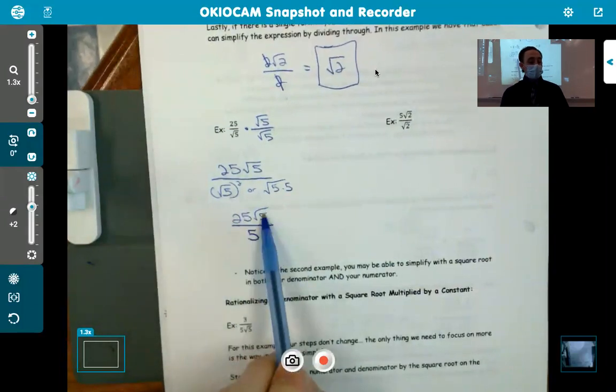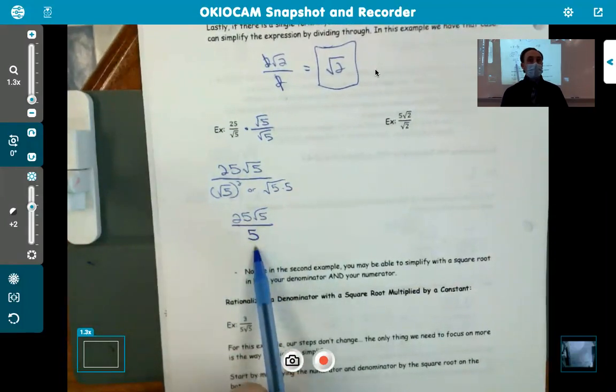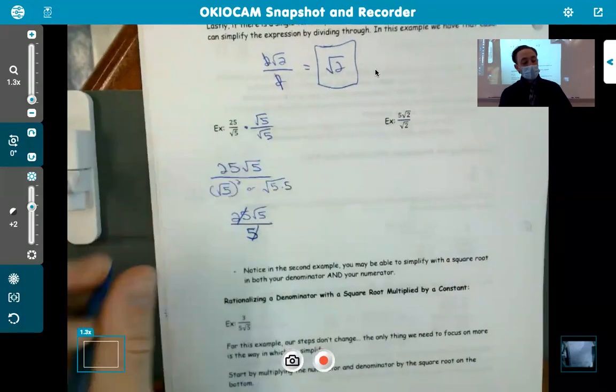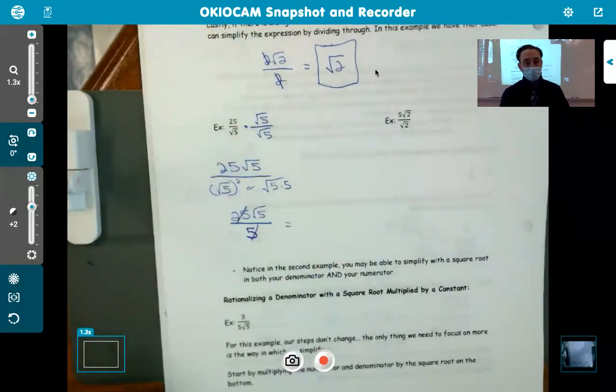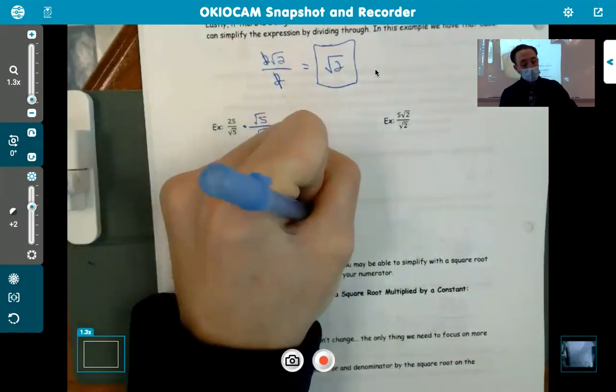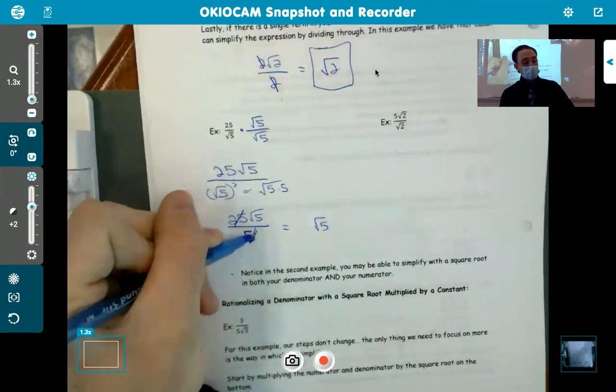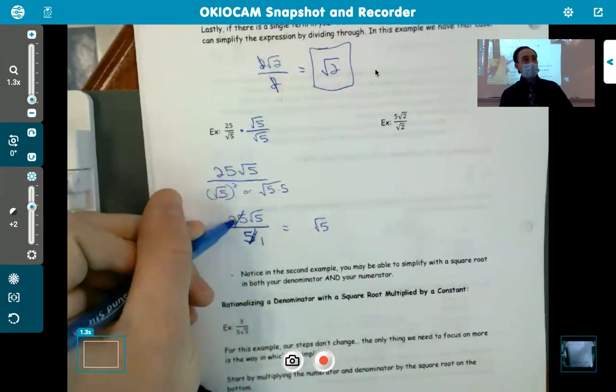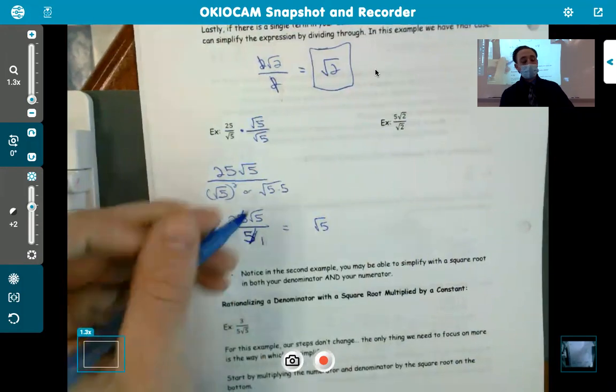So you have 25 root 5 divided by 5. How does this simplify? What can I cancel in the numerator and denominator? Right, the 25 and the 5. So what would my final answer be? So I have the square root of 5. But what would be left over? So if I divide each of these by 5, I have a 1 down here. What's 25 divided by 5? 5.